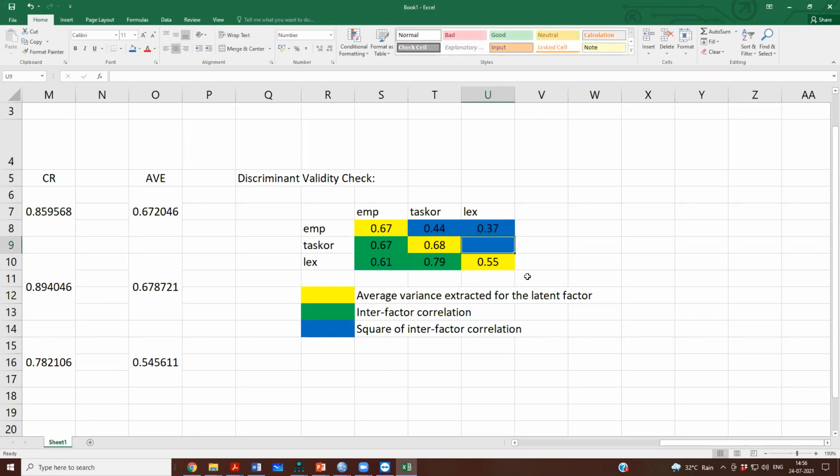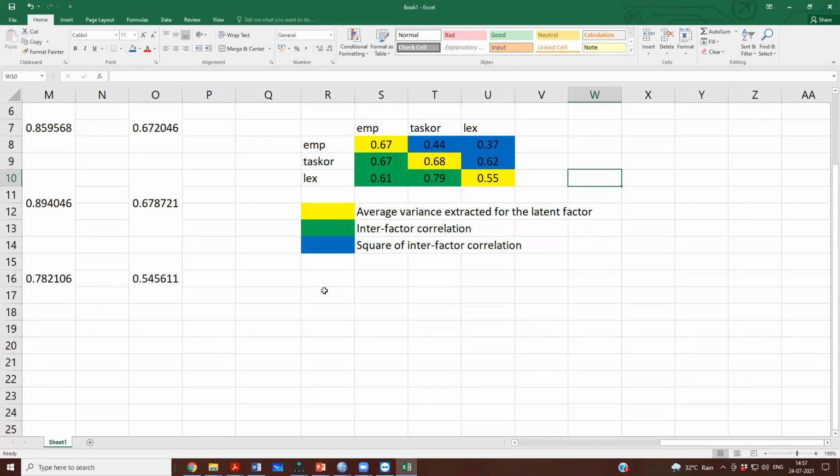This is the square of the correlation, and then 0.79 for LEX and task orientation. Okay. So now we have got average variance extracted, interfactor correlation also, and the square of the interfactor correlation.